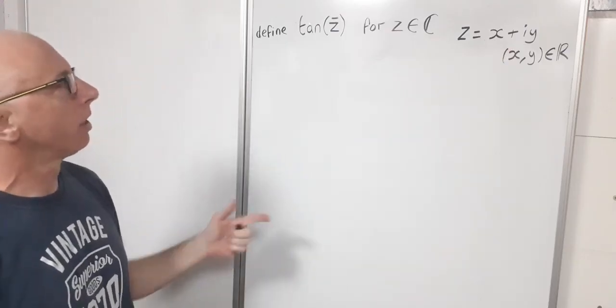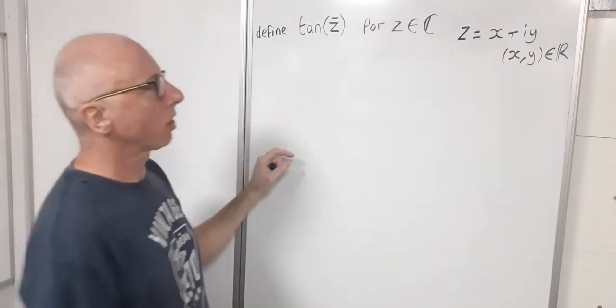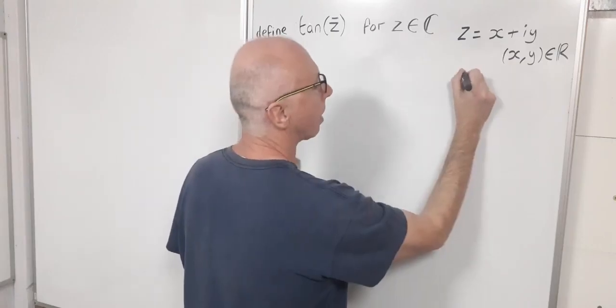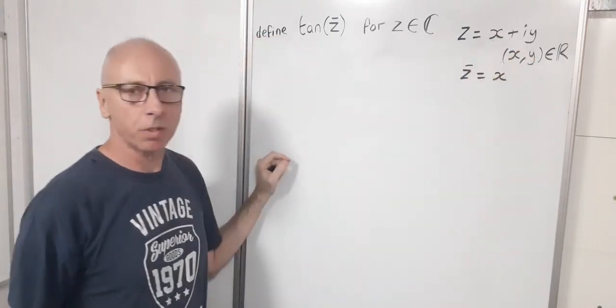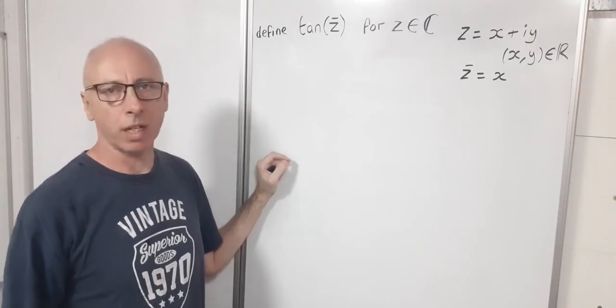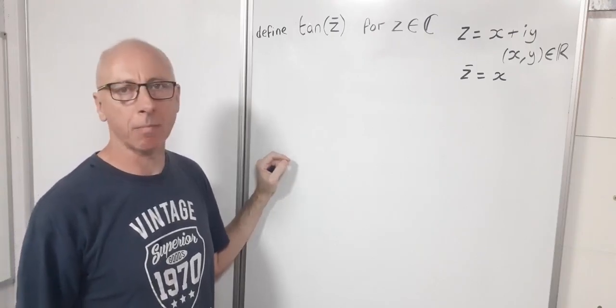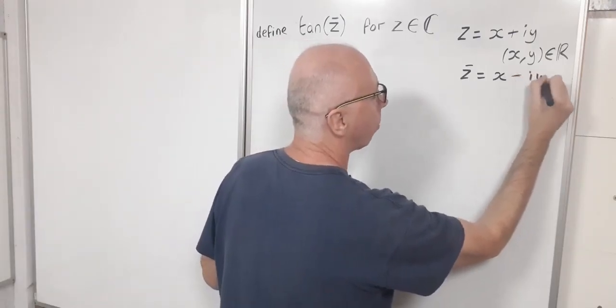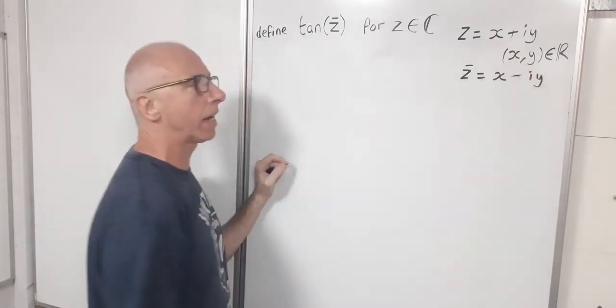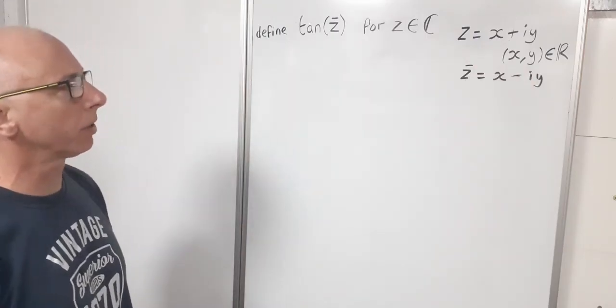So i gives us our imaginary part. Okay, now the conjugate of z. With this as our input, that just means we change the sign in between the real part and the imaginary part. So x minus iy, that's the conjugate of that input.